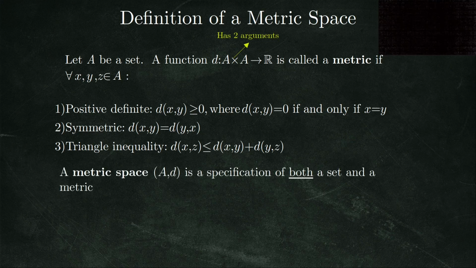And then a metric space, A d, is a specification of both a set, here given by A, and a metric d. Often the metric d is sometimes called the distance between the 2 points, so you might hear me use that term interchangeably with metric.